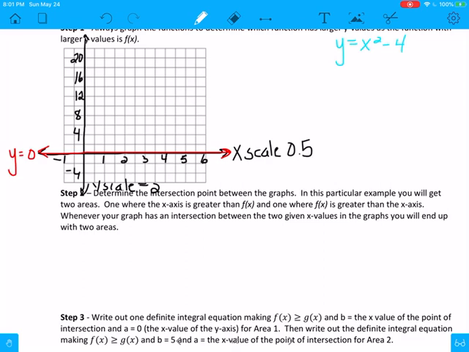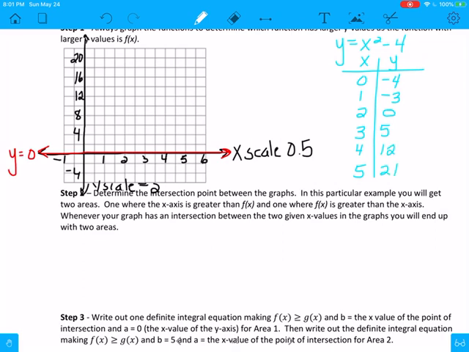And we need between 0 and 5. So I'm going to make this between 0 and 5. 0, 1, 2, 3, 4, 5. So I plug 0 in, I get negative 4. I plug 1 in, I get negative 3. I plug 2 in, and I get 0. I plug 3 in, and I get 5. I plug 4 in, and I get 12. I plug 5 in, and I get 21.